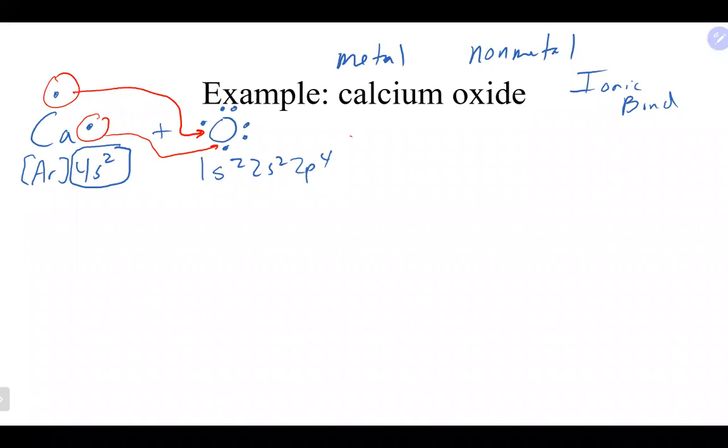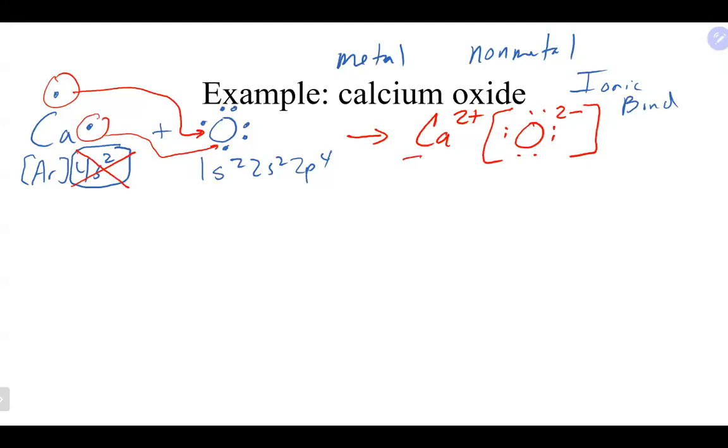The result of that, again, is at this point, calcium will gain a +2 charge, and our oxygen will pick up those 2 electrons, completing its octet. And because it picked up 2 electrons, it will have a -2 charge in this case. And that means in terms of electron configuration for calcium with +2, it's going to get rid of those 2 electrons.